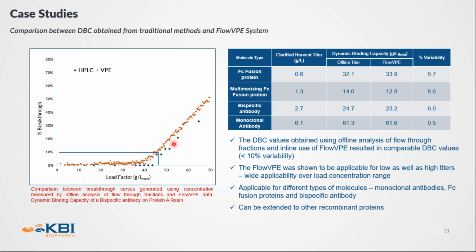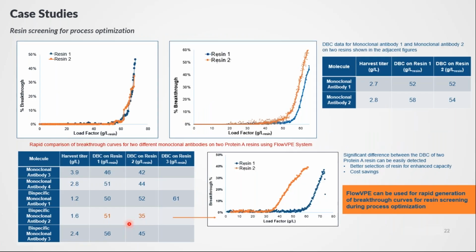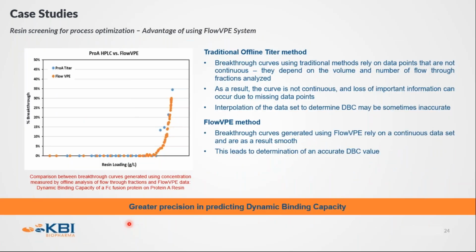These points which you see are actually determined using the offline HPLC titer. The blue points correspond to the offline titer method. Ideally, they are supposed to be the same. The effluent concentration measured using offline titer and FlowVPE should be the same.